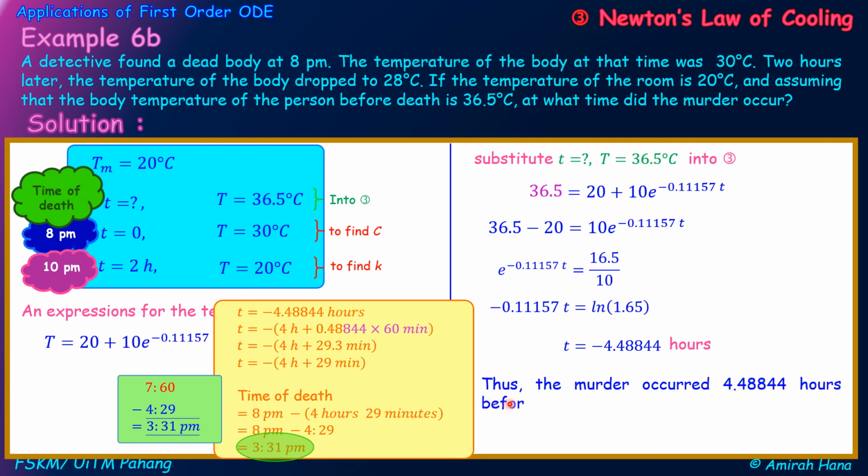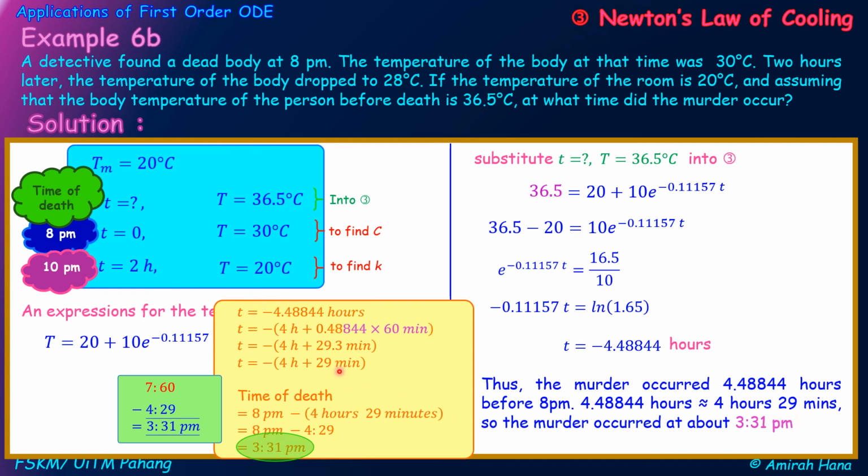Alright, then we can write, thus the murder occurred 4.48844 hours before 8 p.m. Okay, that means 4.48844 hours. We approximate to 4 hours 29 minutes.